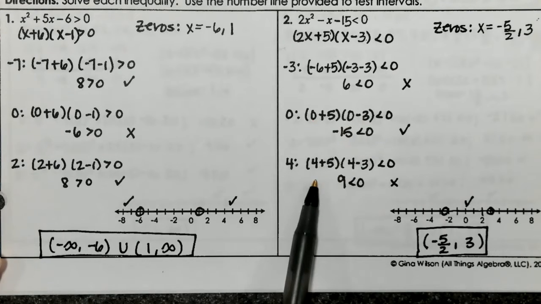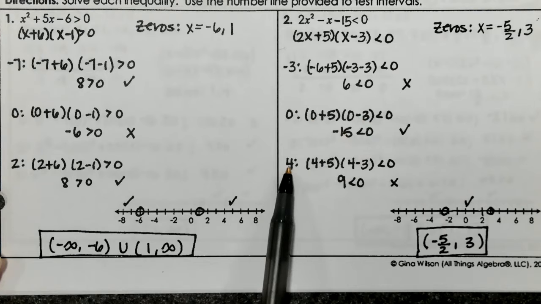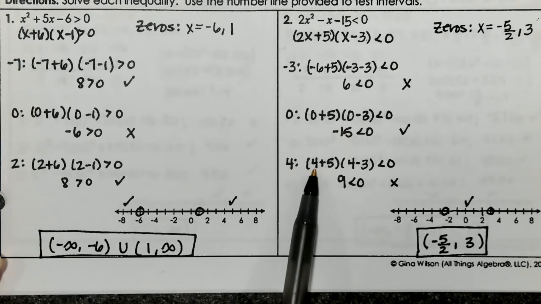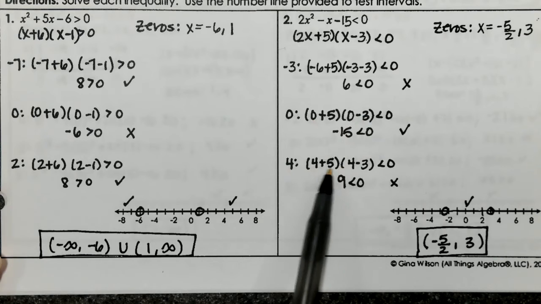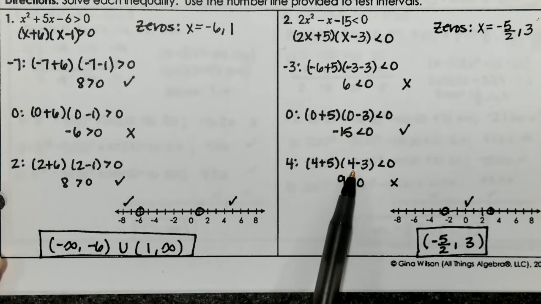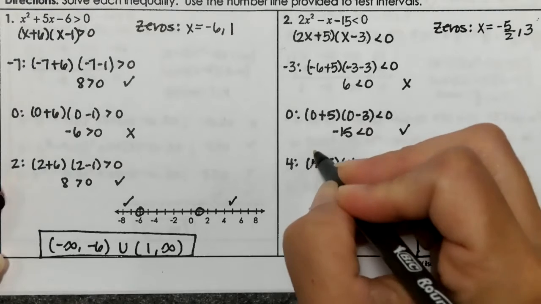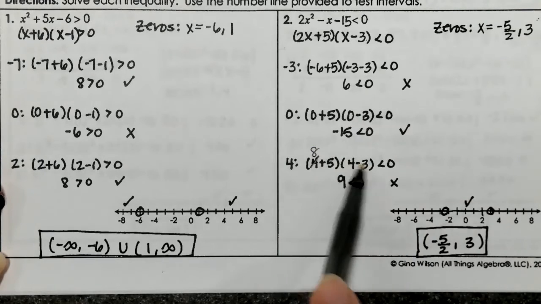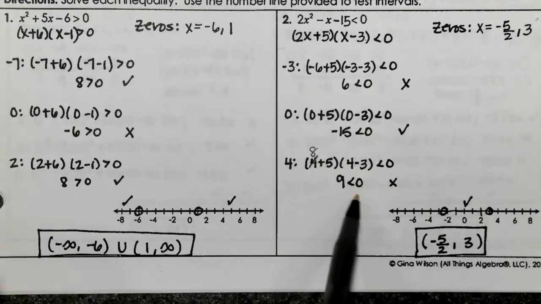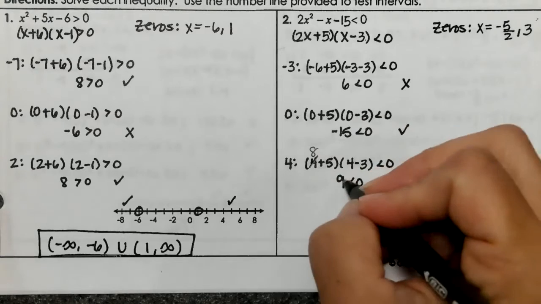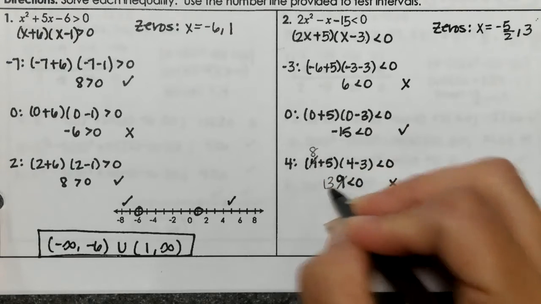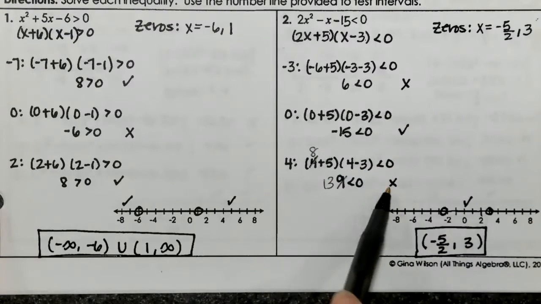And over here, it would be 8. So we would have 8 plus 5, which is 13, times 4 minus 3, which is 1. Let me go ahead and change that. Okay, it would still be greater than 0. So this would be 13 is less than 0, so that is not true.